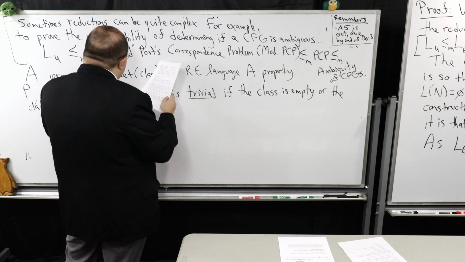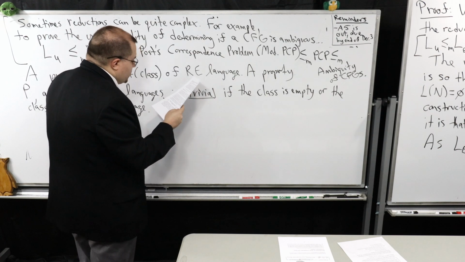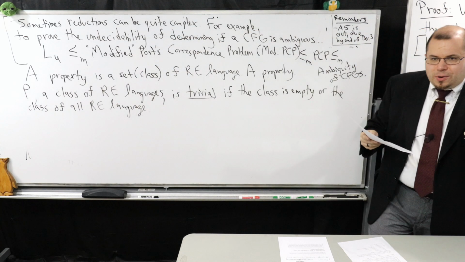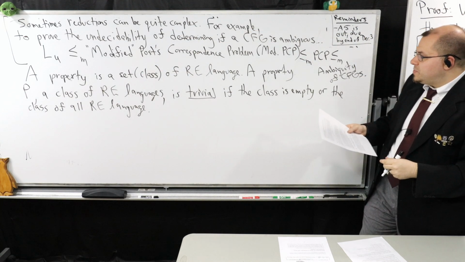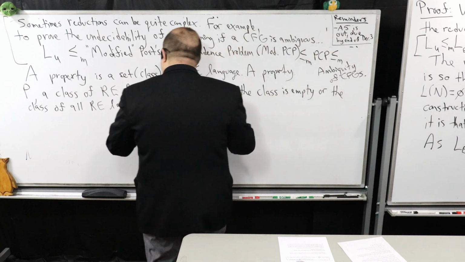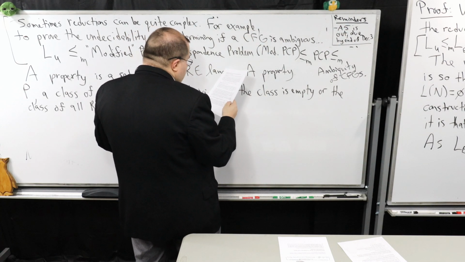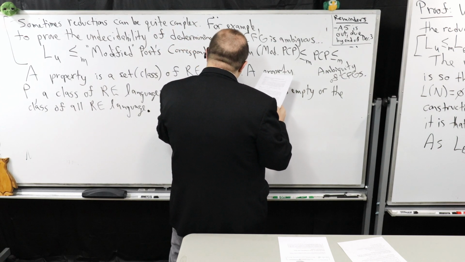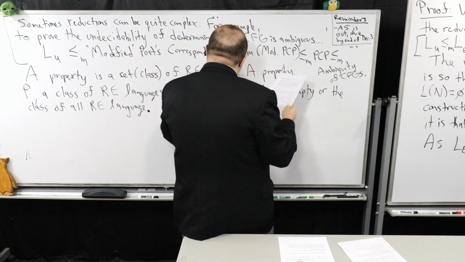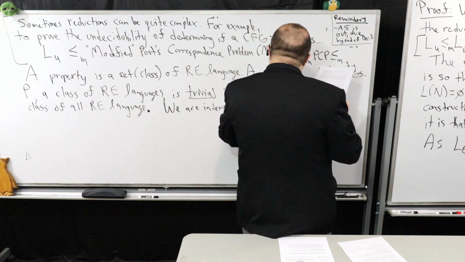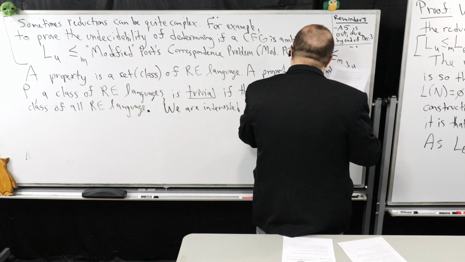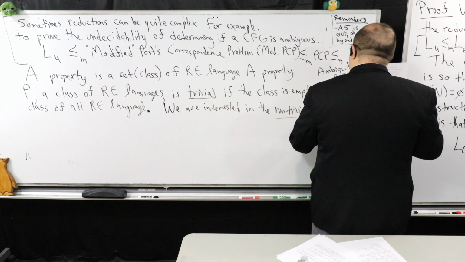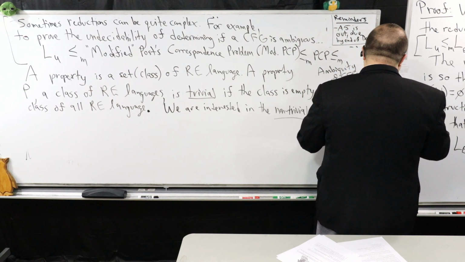So we're interested in these so-called properties, and we're going to be interested in the ones we're going to call non-trivial. So we are interested in the non-trivial properties. So that's everything that isn't trivial, by the way.